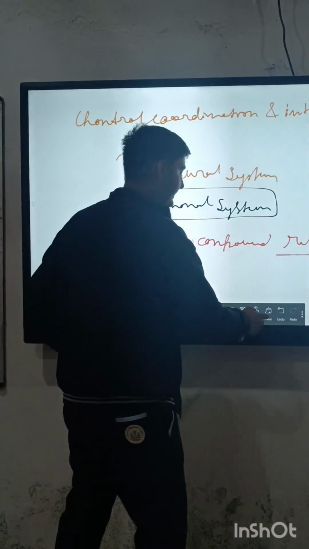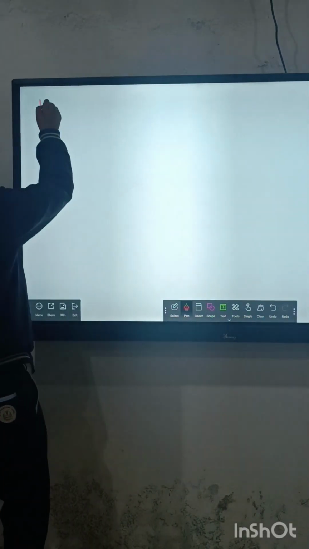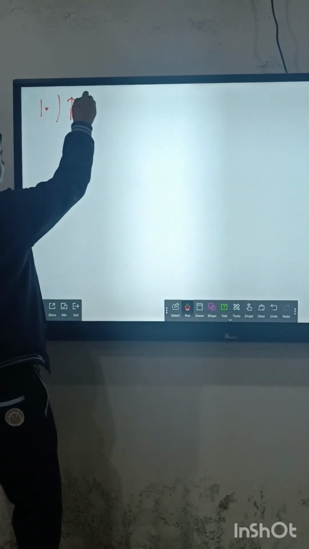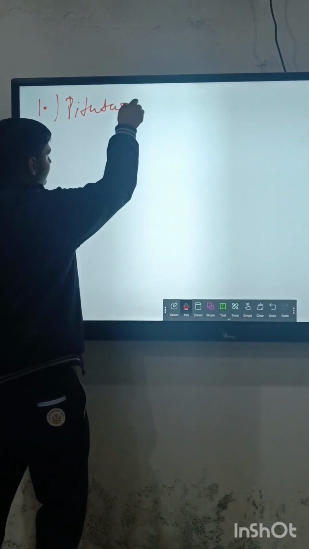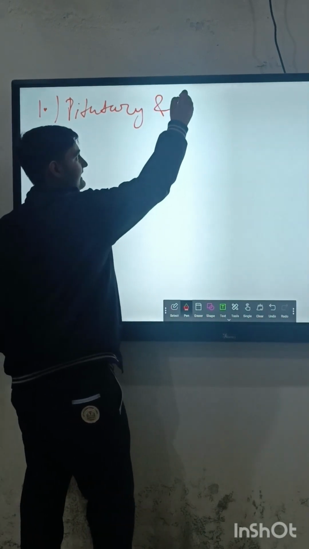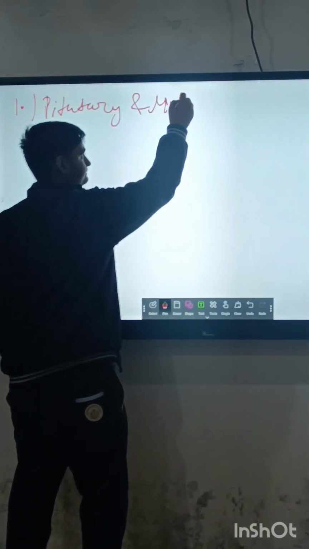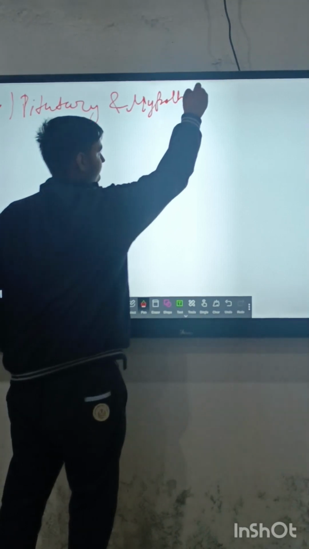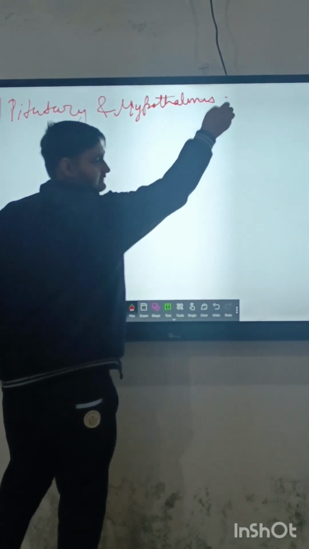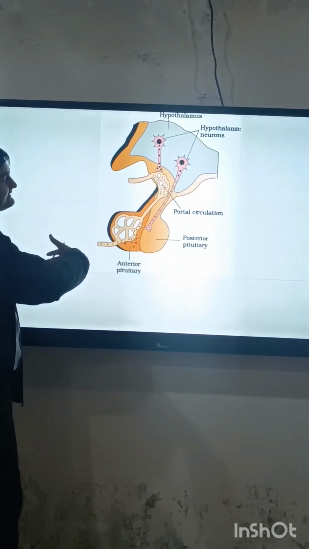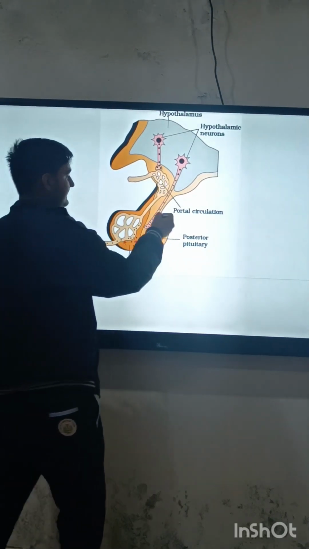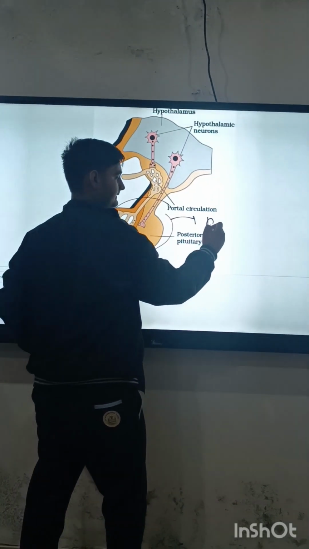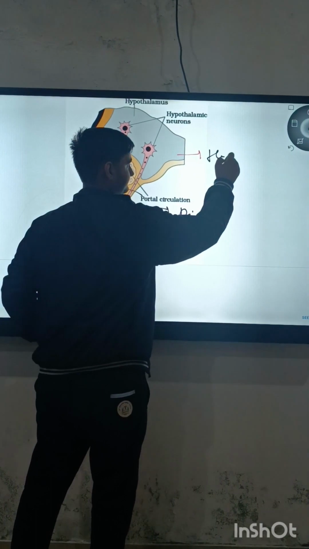Firstly, we are going to discuss our first gland, which is the pituitary, and its master gland, the hypothalamus. As you see, this is the diagram of the pituitary gland with the hypothalamus.